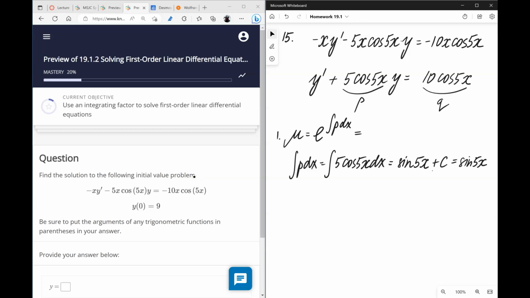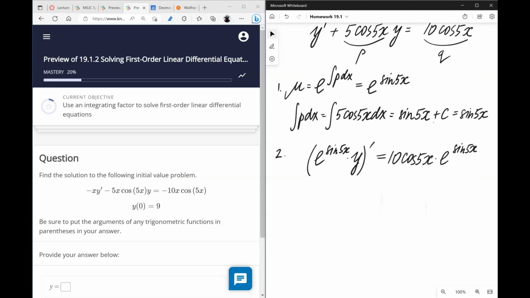So my integrating factor is e to the power sine of 5x, and now I multiply everything by the integrating factor, so my left hand side becomes the derivative of the integrating factor times y, and the right hand side simply becomes the original q function times the integrating factor.